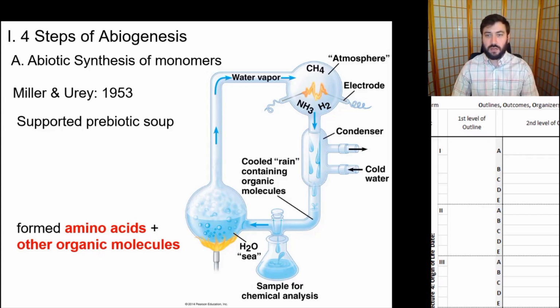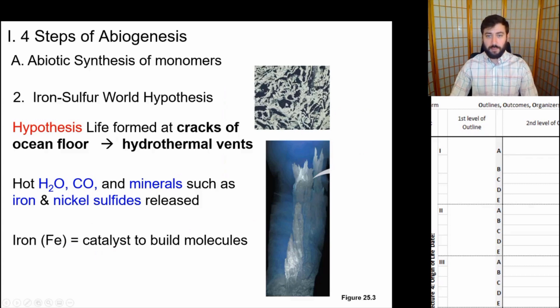Anyway, so that's the prebiotic soup hypothesis. The other is the iron-sulfur world hypothesis. Basically, the theory goes that there are these hydrothermal vents at the bottom of the ocean that are spewing out super hot liquid and have a ton of materials and minerals like nickel sulfides and iron.